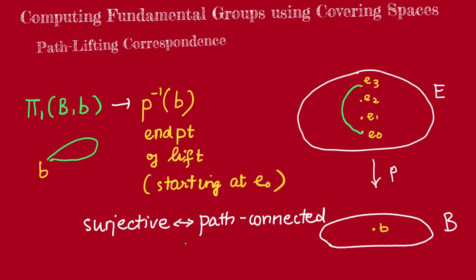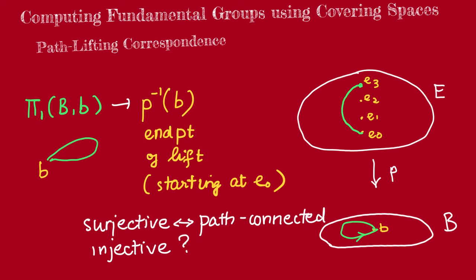Now I can just project this path down via the map P. The image of E3 is B, the image of E0 is also B, so that projects to a loop at B. So then E3 is the image of this loop under the path lifting correspondence. So we see that this correspondence is surjective if and only if E is path connected.